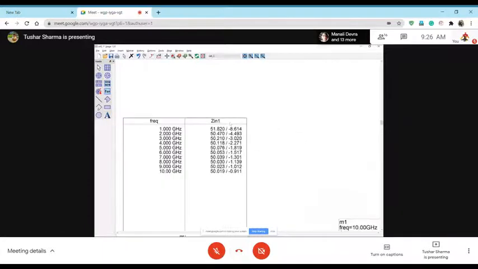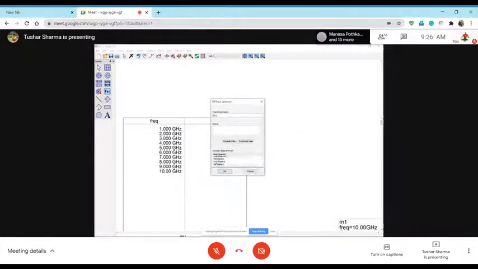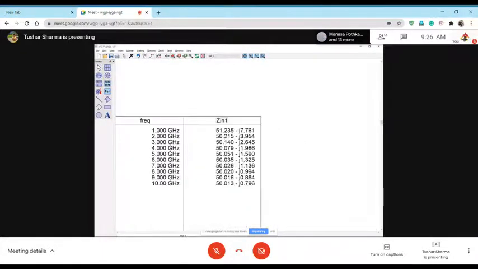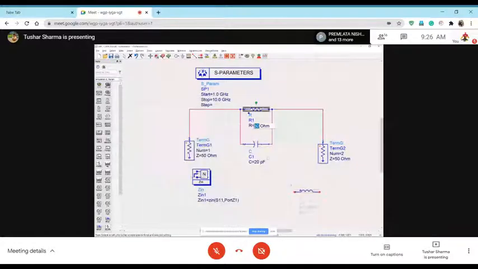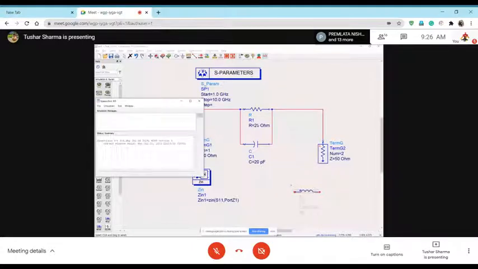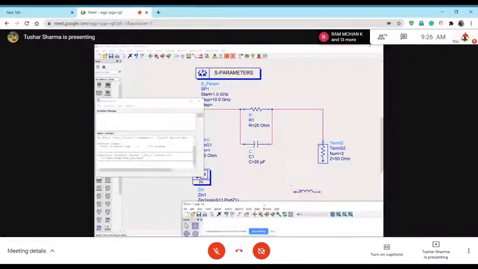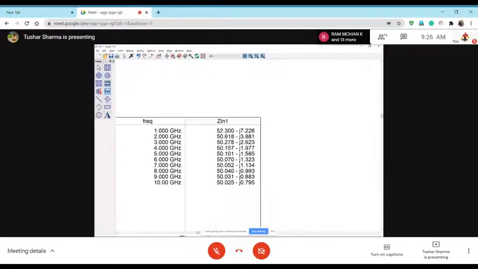So you see, it is telling me that my impedance is 50 minus j this. So this is my equivalent impedance of that network, which I have put here. Now if I change this value to say 25, then again, depending on calculation, my impedance will change, and it will be whatever my Zin impedance is.